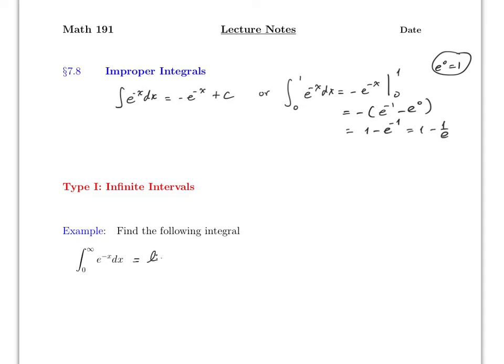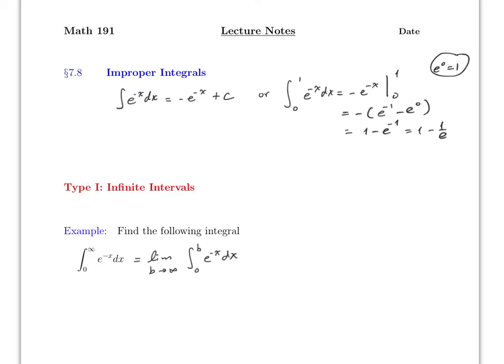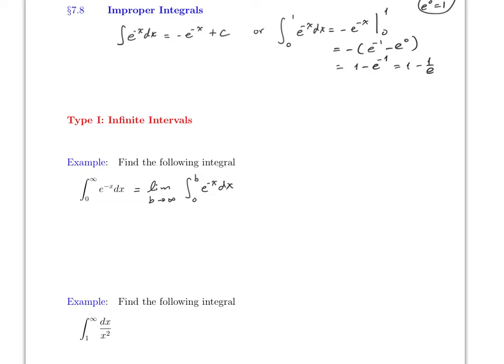This is going to be equal to the limit as b goes to infinity of the integral from 0 to b of e to the minus x dx. So notice that this is identical to this one. You take the integral the same way we did before, but now you have to take a limit at the end.